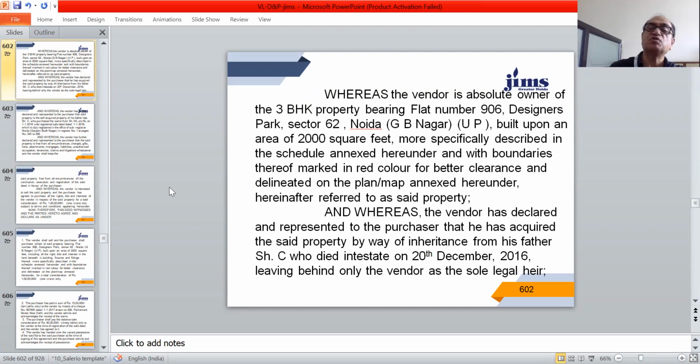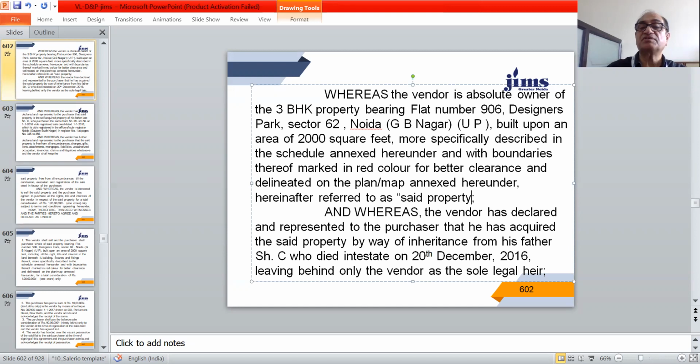Whereas the vendor is the absolute owner of 3 BHK property bearing flat number 906 Designers Park, Sector 62 Noida, Gautam Buddha Nagar UP, built upon an area of 2000 square feet, more specifically described in the schedule annexed hereunder, and with boundaries thereof marked in red color for better clearance and delineated on the map or plan annexed hereunder, hereinafter referred to as the said property. The property to be sold is being referred here as the said property.